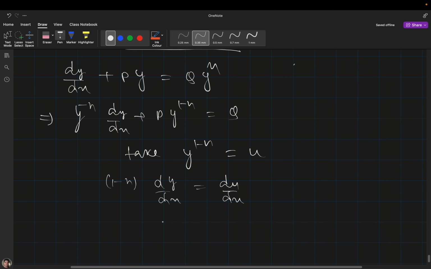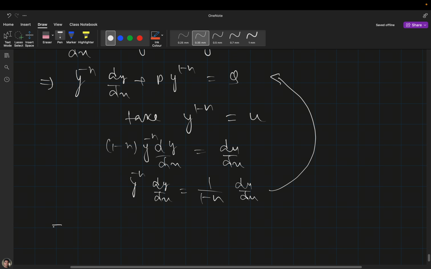So this will be y raised to the power minus n dy by dx equal to 1 divided by 1 minus n du by dx. Substitute this into the equation. So you will get 1 divided by 1 minus n du by dx plus pu equal to q.